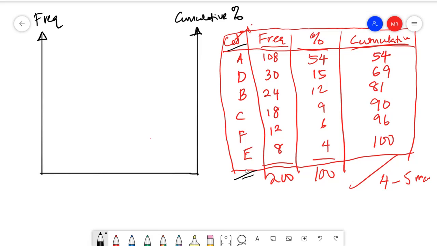You need to use a proper scale here. For the frequency, the highest one is 108, so the highest scale might be 110. I just draw it roughly.